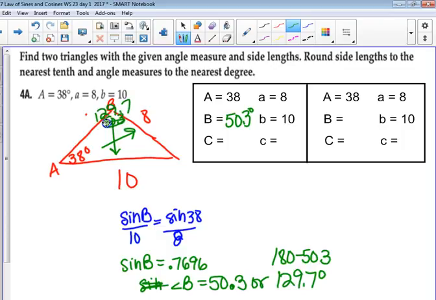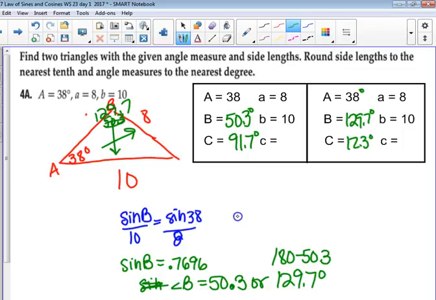If we did 180 minus 129.7 and minus 38, there's still left over 12.3 degrees. And we didn't finish this one. 180 minus 50.3 and 38. This one would have left us 91.7 for the other angle. Okay.